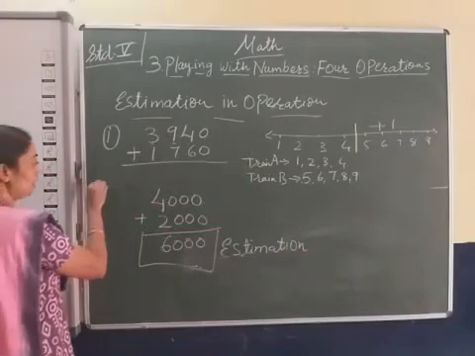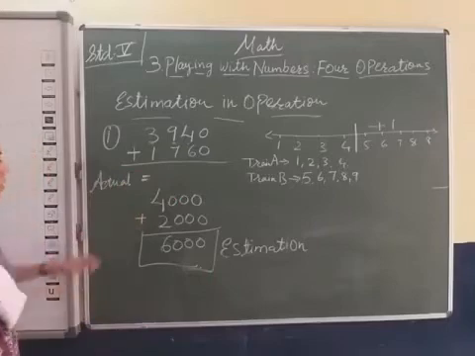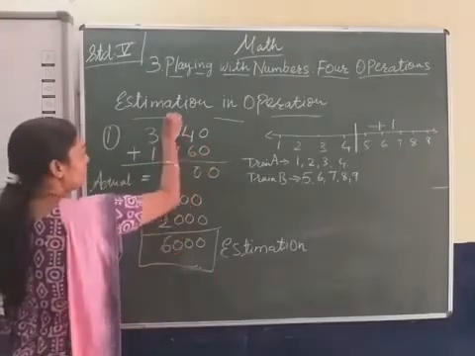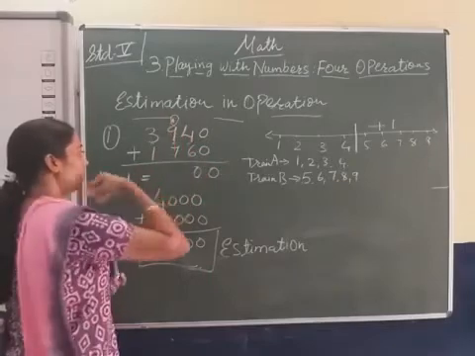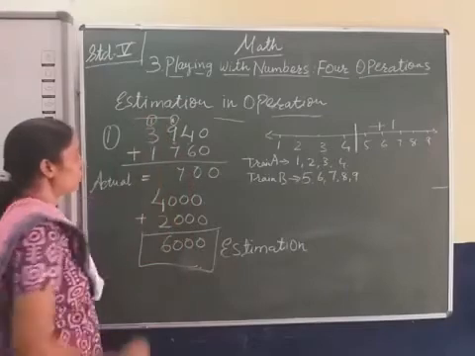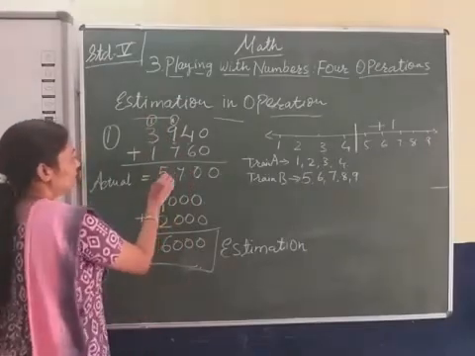And now we will see the actual. Actual is 0 plus 0, 0, 4 plus 6, 10, 1 is carried forward, 1 plus 9, 10, 10 plus 7, 17, 1 is carried forward, 1 plus 3, 4, 4 plus 1, 5.